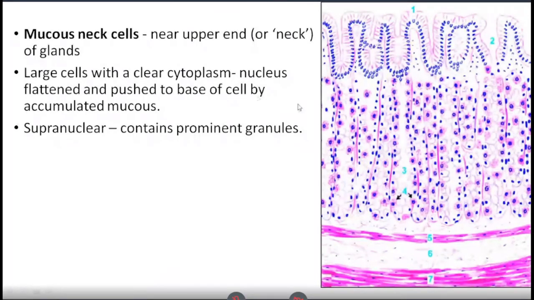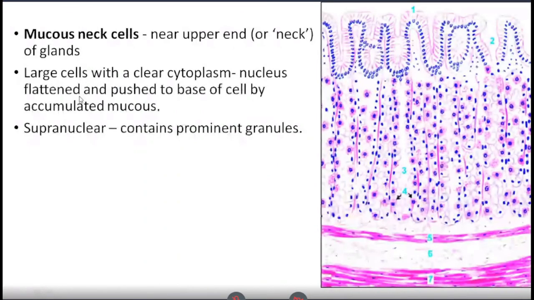Mostly here the nucleus is flattened. You can see clear cytoplasm दिख रहा है, यहाँ पे bluish color नहीं दिखेगा. So these are present mostly near the neck of the gland. The nucleus is flattened and pushed to the base of the cell by the accumulated mucus. Here the supranuclear part of the mucous neck cell contains the prominent granules.